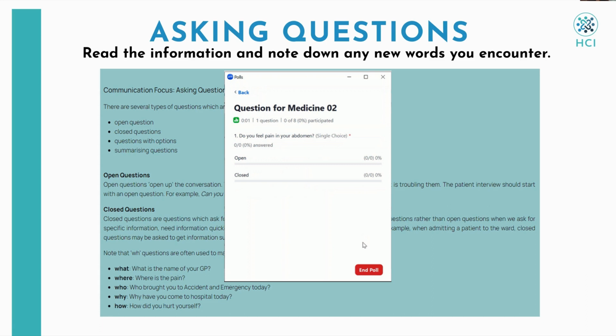Okay, so students, please remember the definition that you have been taught lately about the closed questions and the open questions to complete the questions that you are being asked.